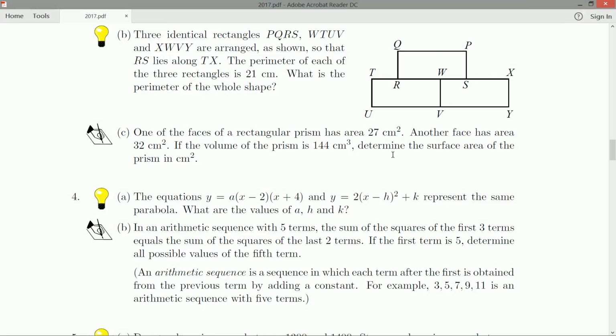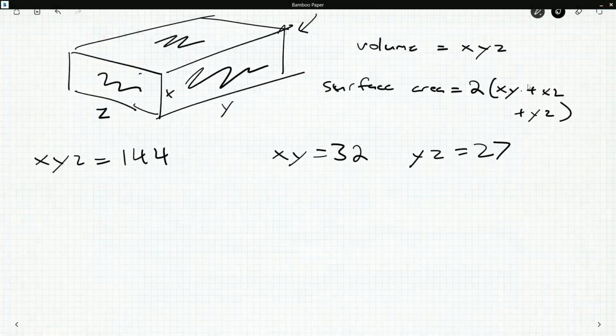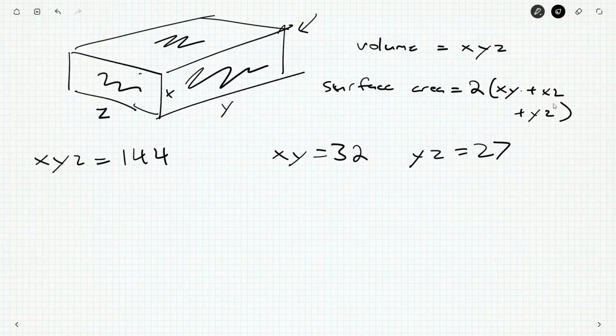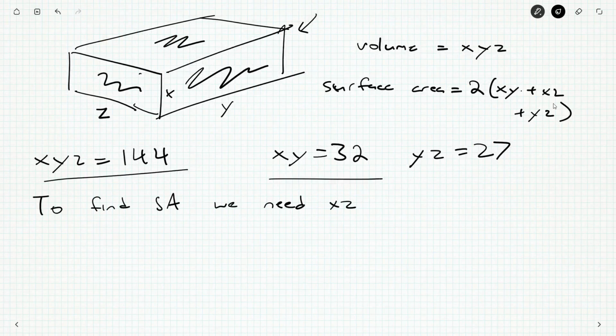Okay, now to determine the surface area of the prism, well, we've got XY, we've got YZ, if only we had XZ. To find surface area, we need XZ, or we need a different expression. I don't think we need a different expression, but there we go. Okay. So all we've got to go on are these three pieces of information. What are we to do?